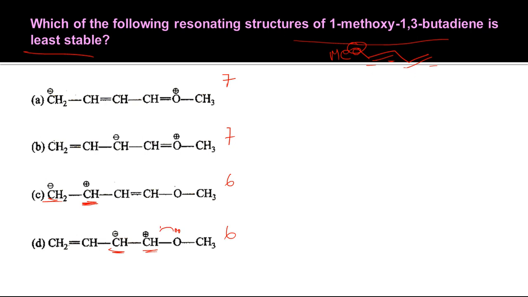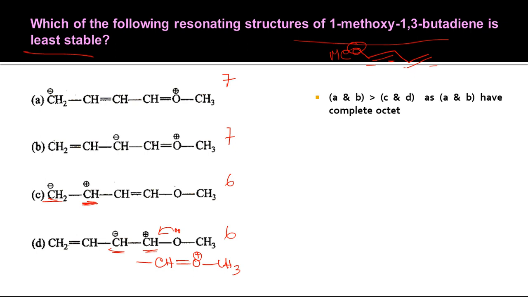Now this can stabilize this carbocation by this type of electron donation. Now oxygen is positively charged, so this type of stability is possible by the lone pair donation from oxygen, but not possible in the case of C. So C should be the least stable.